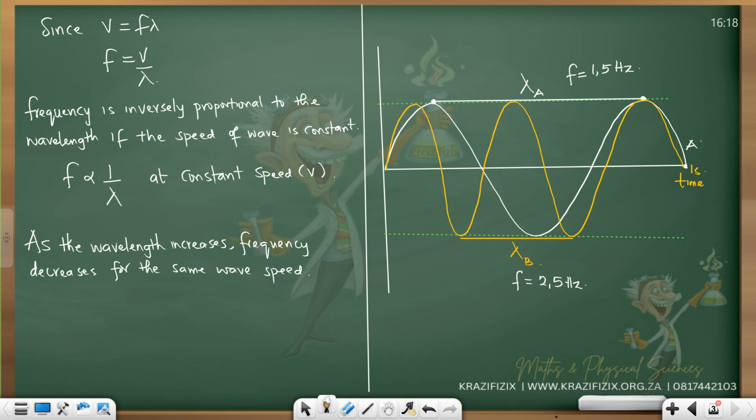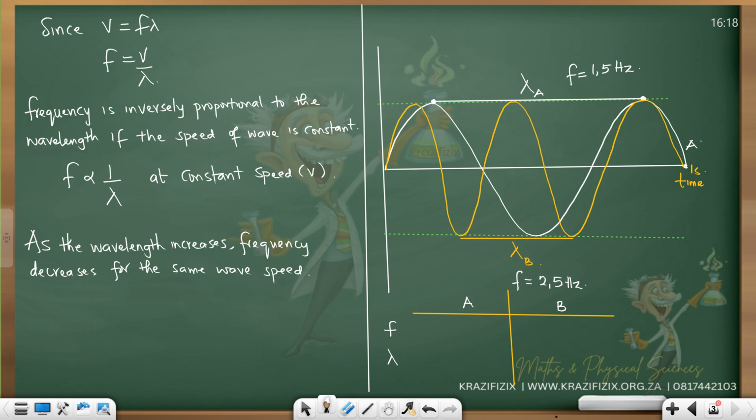What can you tell me between the wavelength of A and the wavelength of B? Let's use a little table so that we can compare A and B. We're going to compare the frequency and the wavelength.